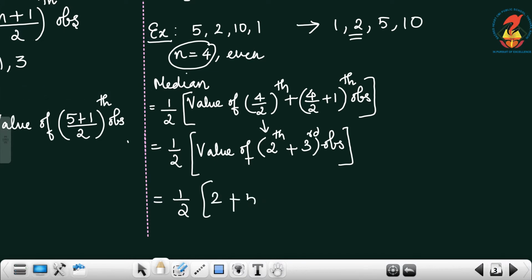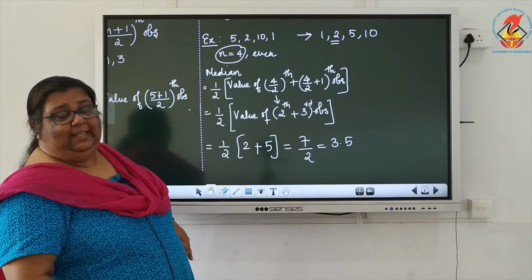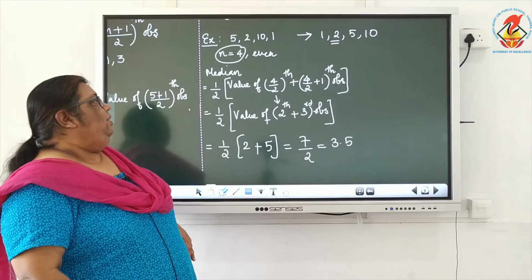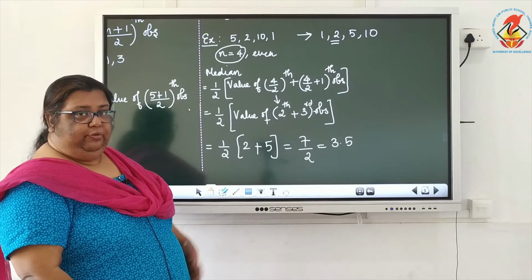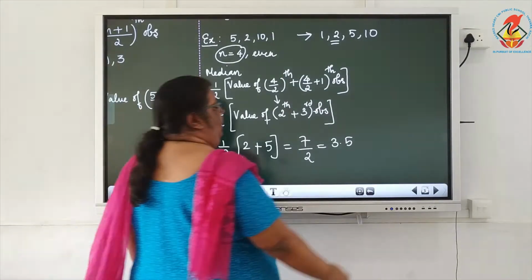What is the third observation? 5. 5 plus 2, 7 by 2, which is equal to 3.5. So, here the median is 3.5. Like this we can find the median for an individual series or for ungrouped data.